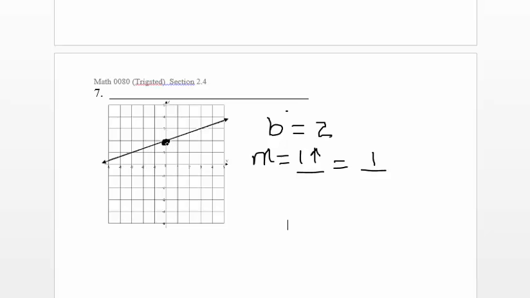And notice I have to go 1, 2, 3 units to the right to get to this other point on the line. So up and right are positive directions. Both the rise and the run are positive, so the slope is positive. And that's enough information for me to write the line equation: y equals 1/3 x plus 2.